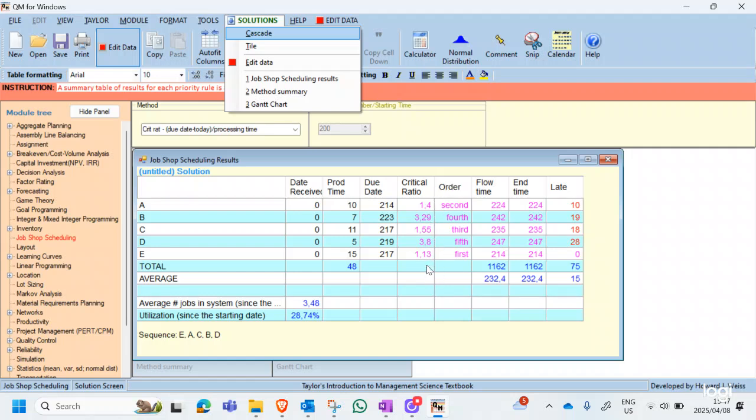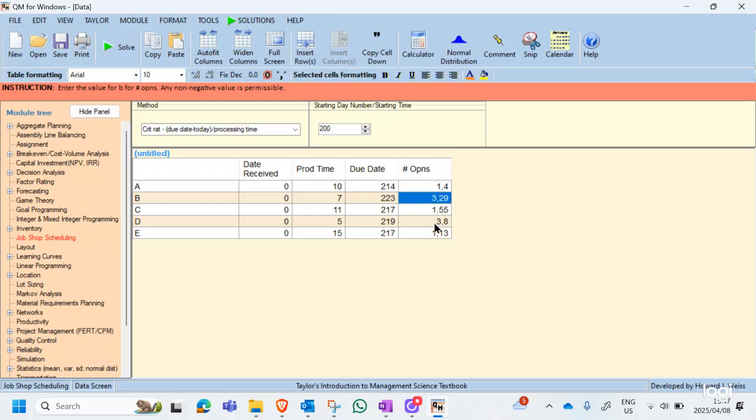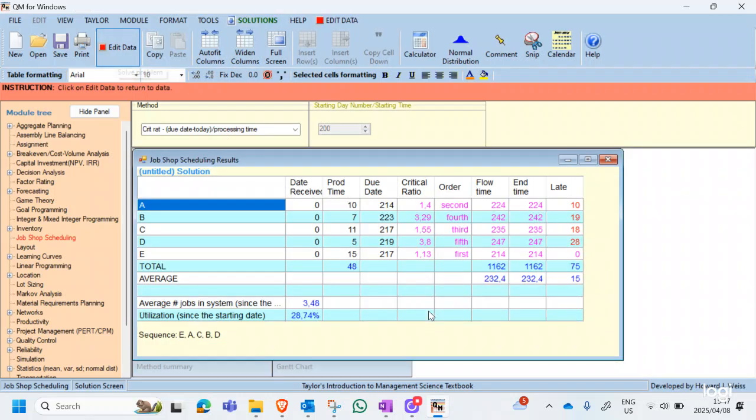Let me remove this. So it found my critical ratio there. I don't think I need the number of options; we don't have options, so let's leave it like that and just solve. We don't do any calculations, by the way.